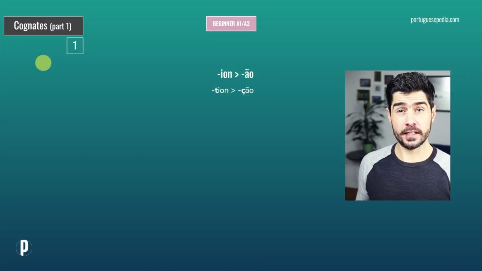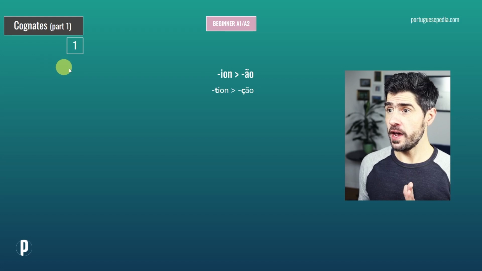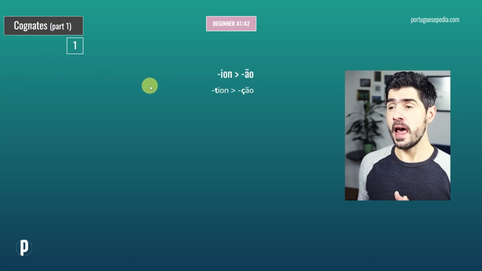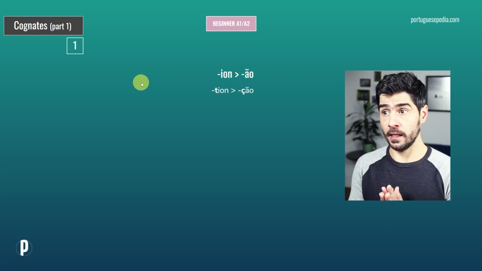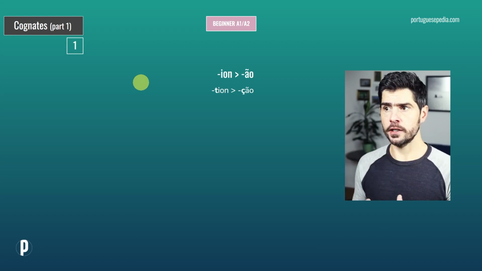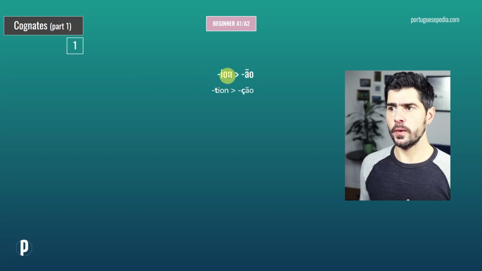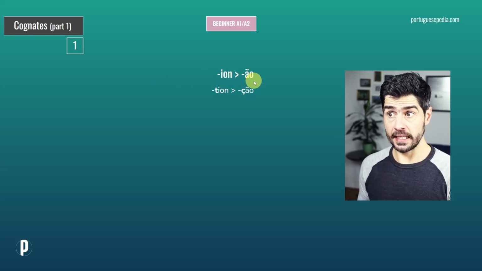Let's look at a few examples. We have group 1, and actually the first 3 groups belong to a bigger group. This one, ION, is the ending in English, and ÃO, the ending in Portuguese.